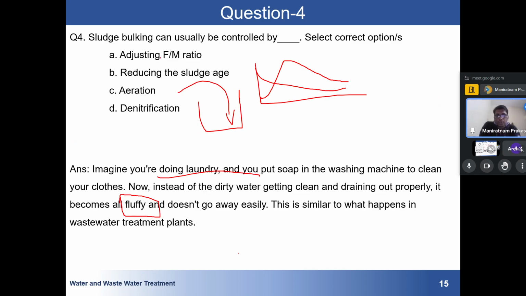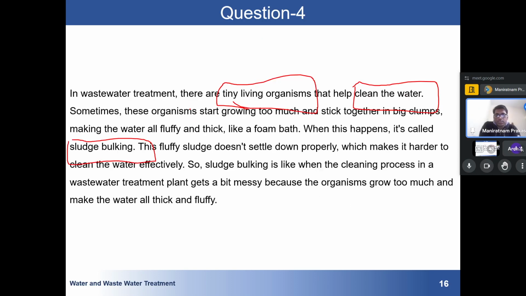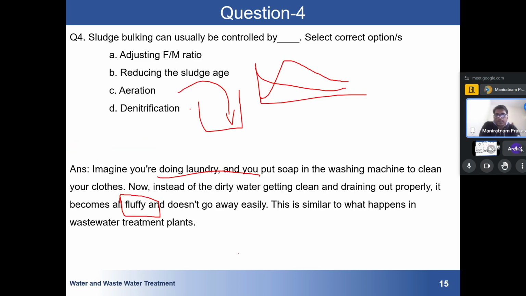There is no particular reactor specified, so this can be in any bioreactor. By adjusting the ratio, the operator can control the availability of organic matter. Someone can answer the first question from the knowledge discussed till now, that sludge bulking can be controlled by food by mass ratio.